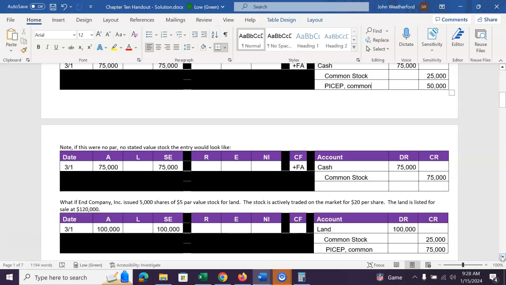So I wouldn't think that would be a particularly common transaction to run into, but it's certainly possible for a corporation to issue some shares of stock in exchange for real property. Now, what happened here? Our asset land increased by $100,000, and in total, stockholders' equity increased by $100,000.